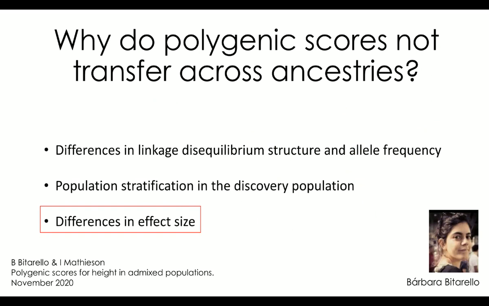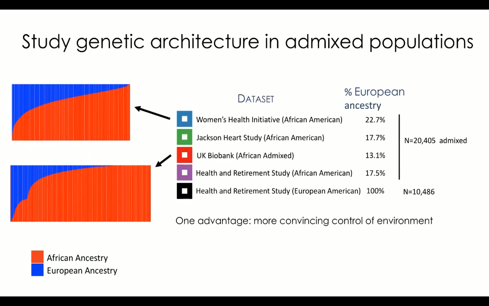The way Barbara studied this was by looking in admixed populations, in particular populations of admixed European and African ancestry, so African Americans, and also admixed populations from UK Biobank. You can see in these examples, each column in these plots is an individual, and each individual has varying proportions of African and European ancestry. The advantage of studying admixed populations is that we have somewhat better control of environmental variation.